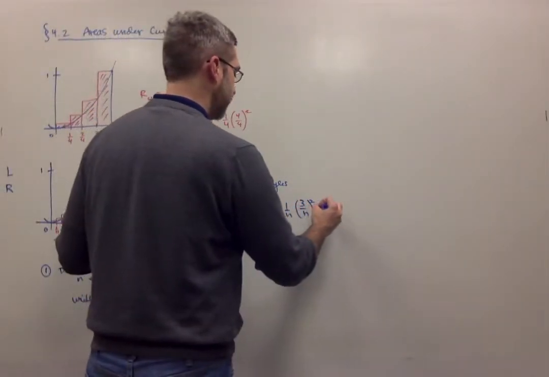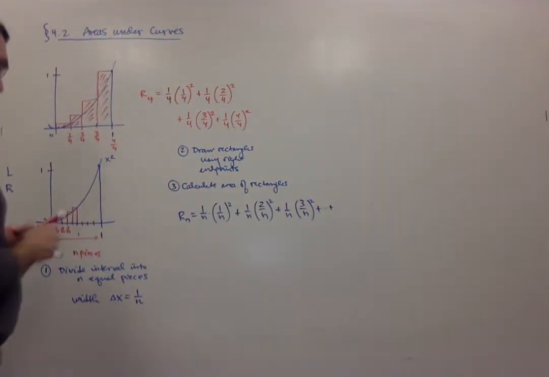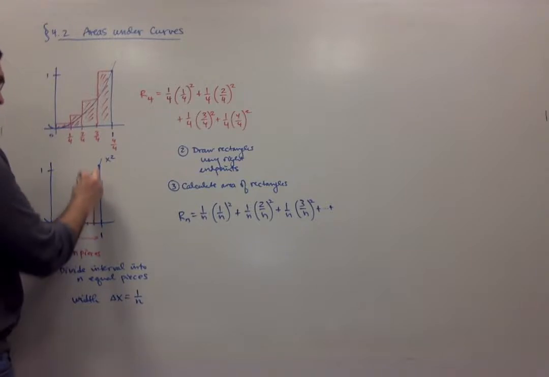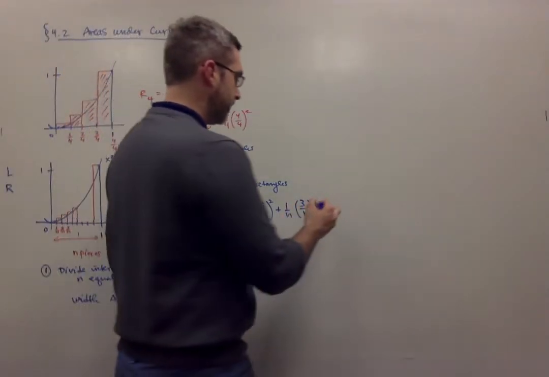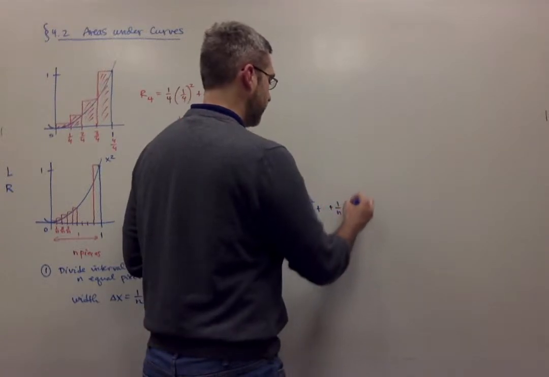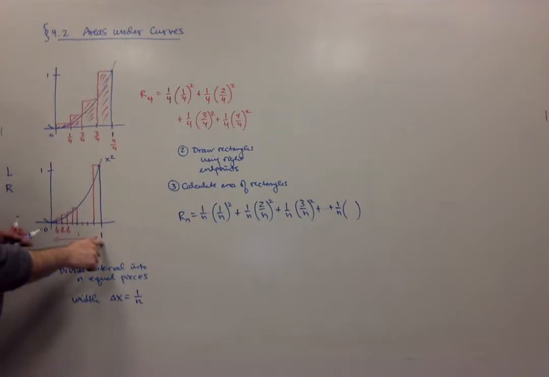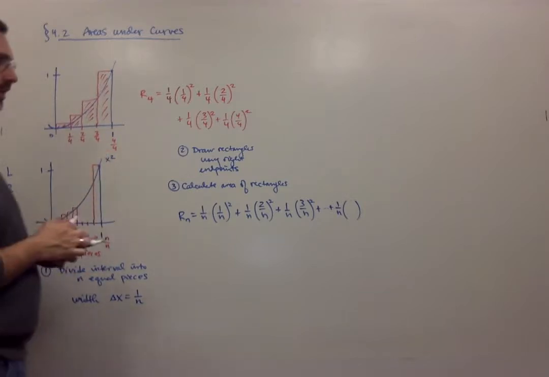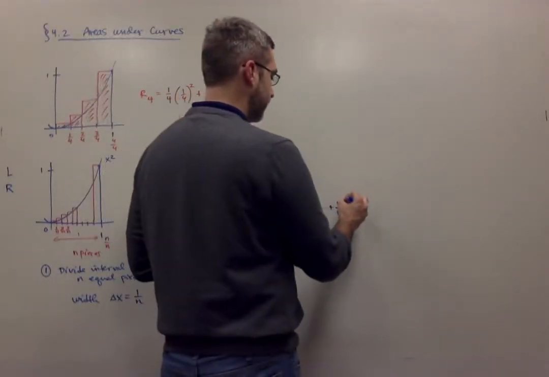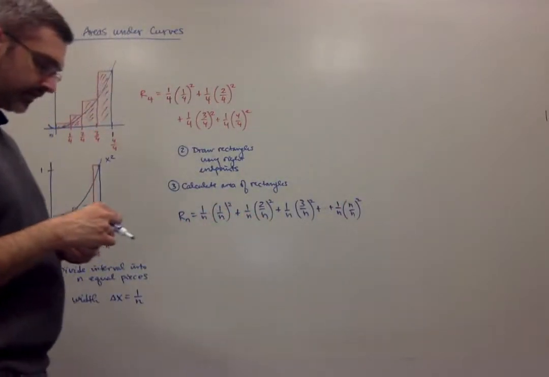And I keep going until I get to that last point, this last rectangle here, which is going to have width 1 over n. And the height is what I get when I plug this point into the function. In other words, I'm plugging 1. So I could write 1 squared. That's really n over n, kind of like this was 4 over 4. So I'm going to write that as n over n squared.